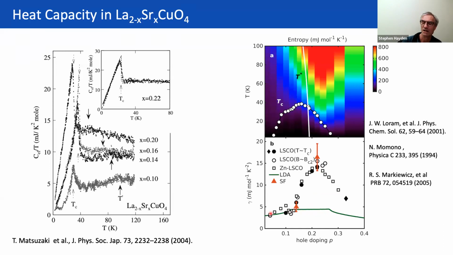At low doping, these two seem to be very similar, but particularly for overdoped materials and dopings near this point where the pseudogap disappears, you get the strong mass enhancement, about a factor of 3.